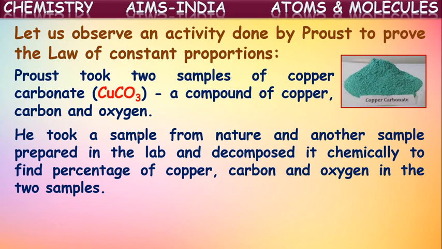Now he took these two samples and started decomposing them, meaning he started heating them at strong temperatures. Then the copper carbonate decomposed chemically and forms copper, carbon and oxygen in the two samples.